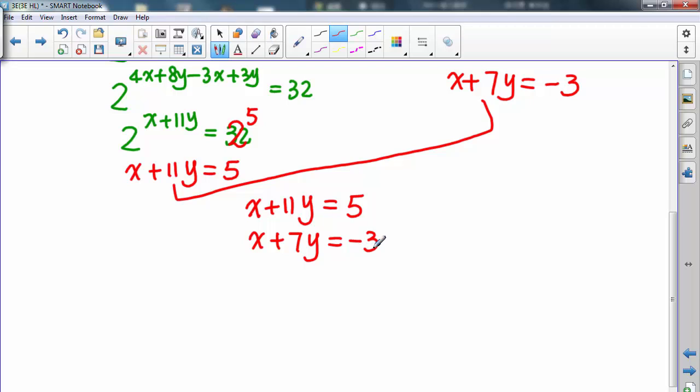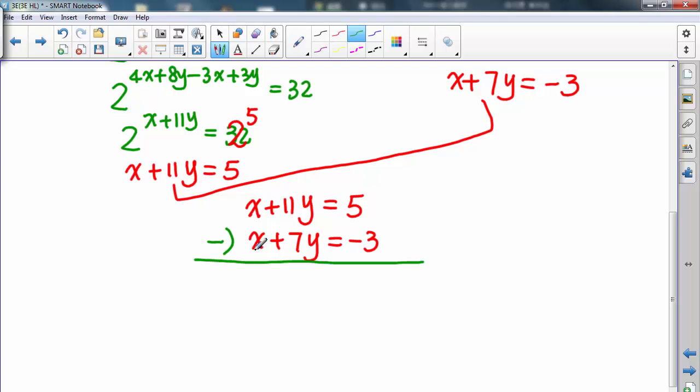You learn how to solve a system of equations in Math 10. You can use either the substitution method or the elimination method to find x and y. Here, I will use the elimination method because I find the x terms have the same coefficients. So I subtract the second equation from the first equation.